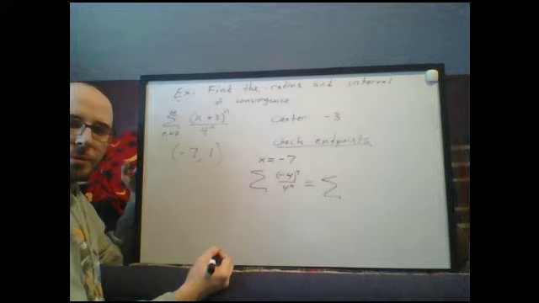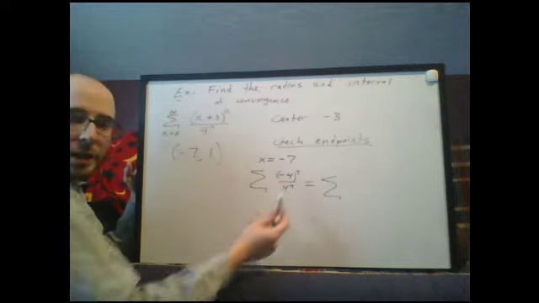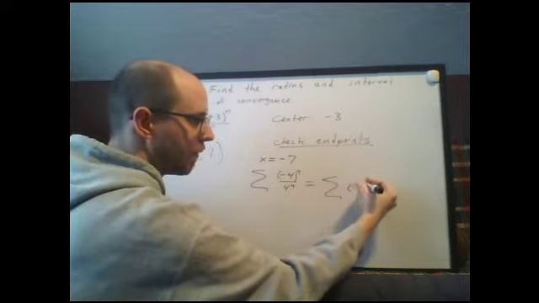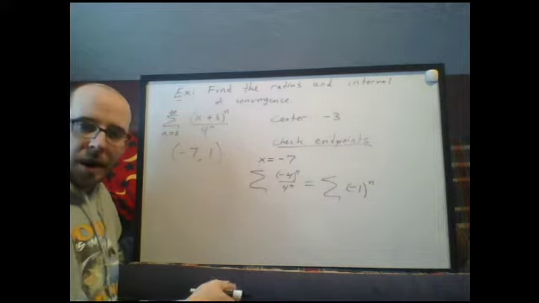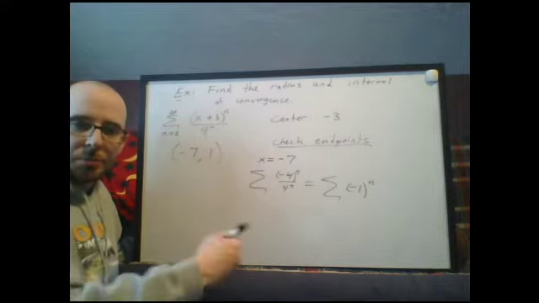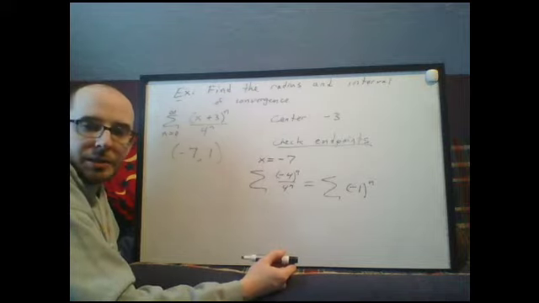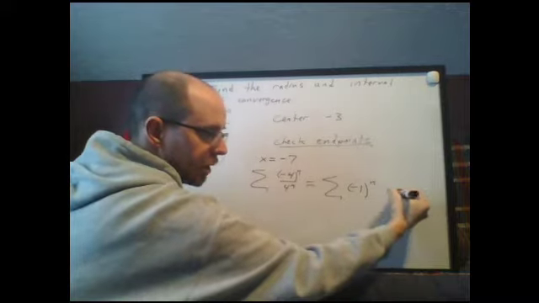And then if I simplify that, the 4 to the n's cancel, I'm just left with -1 to the n. So I'm -1 plus 1, -1 plus 1, -1. That doesn't converge. That's a geometric series where the r has absolute value 1. So this is a divergent geometric series.